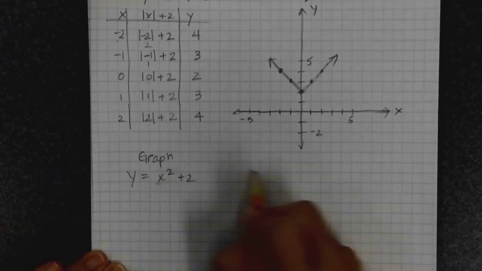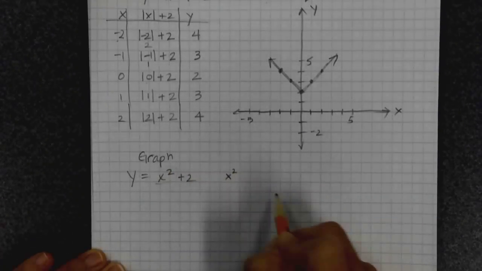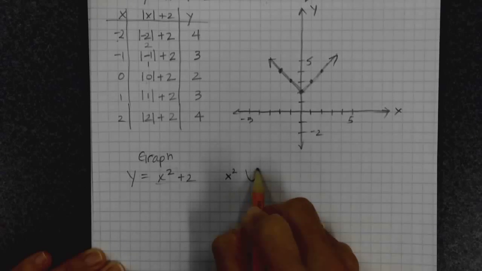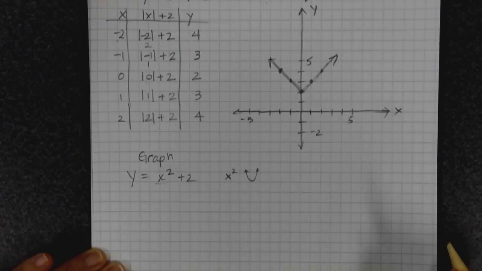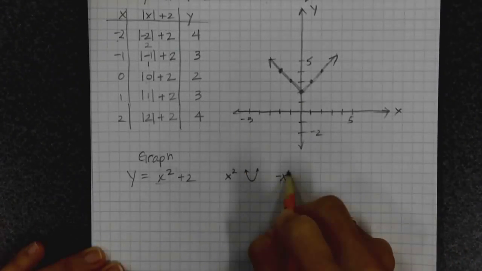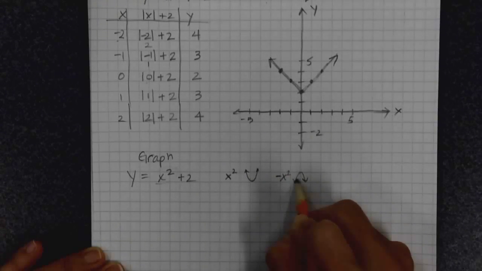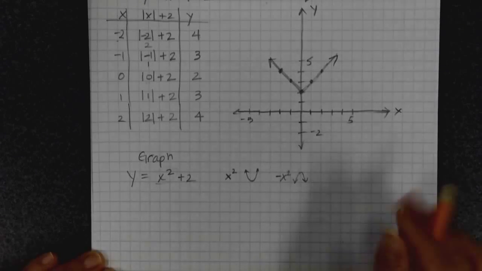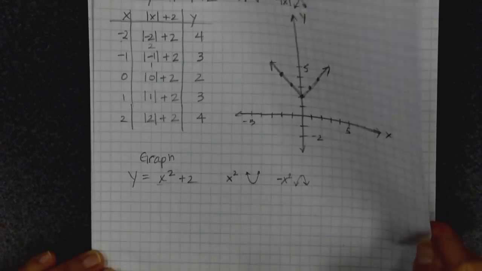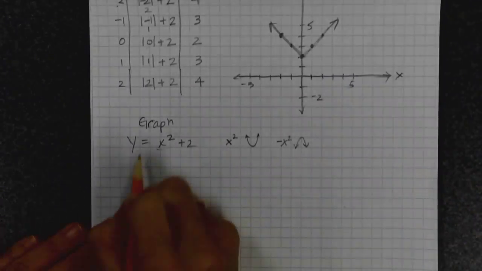And because this is an x squared, all x squares make a U shape. And then negative x squared, because there's a negative on the outside of the x squared, makes an upside down U. So you have to remember this when graphing anything with x squared in it.